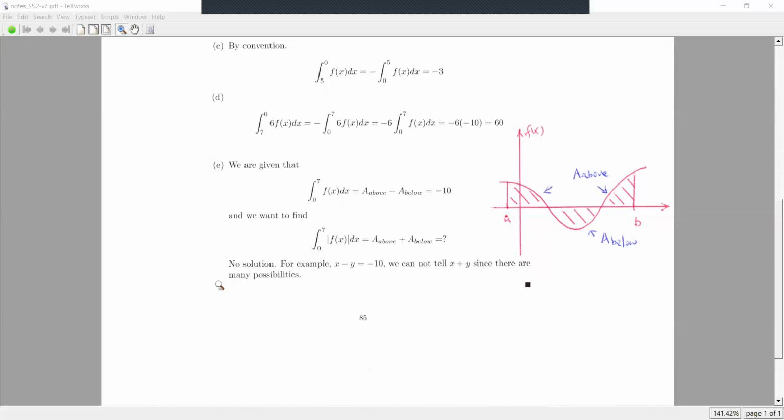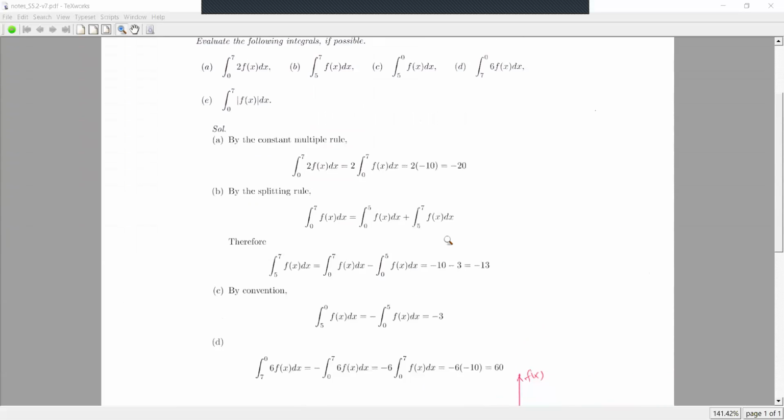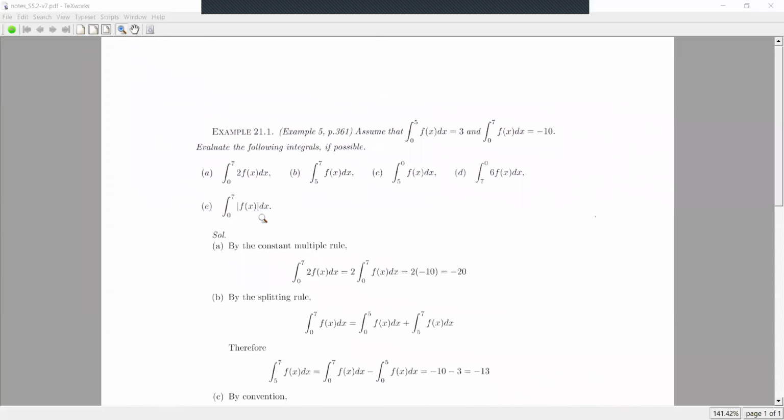So there are many possibilities. So only given this equation, we cannot determine what is A above plus A below. So the answer to E is impossible. We cannot tell the integral in E.